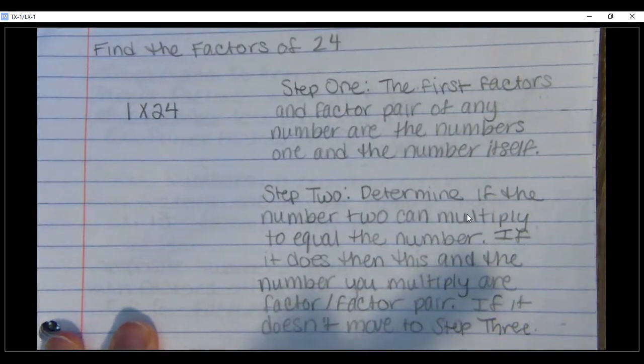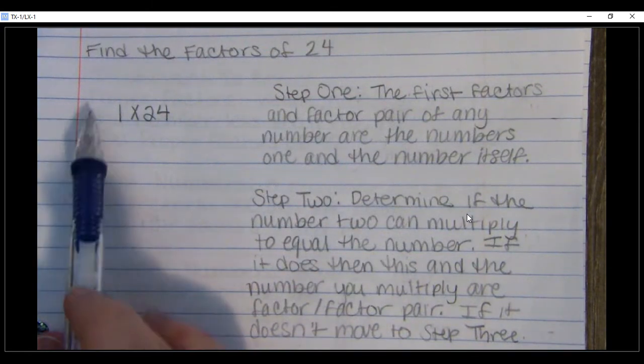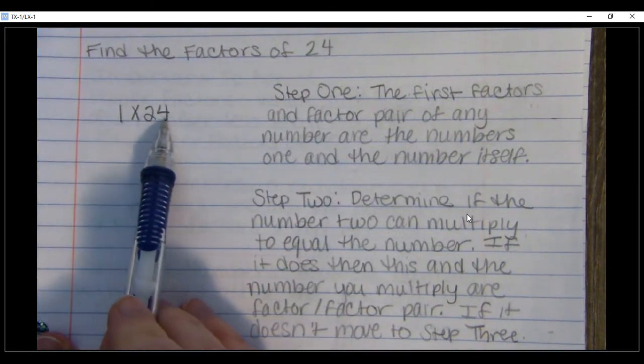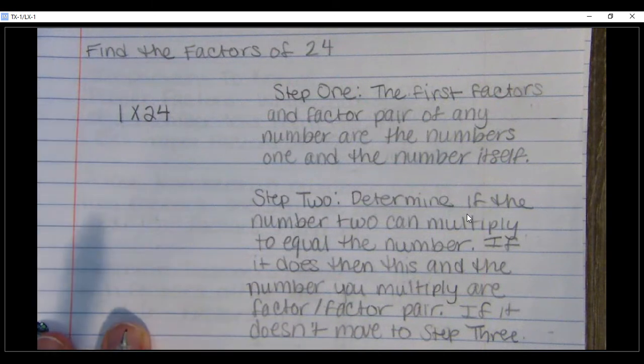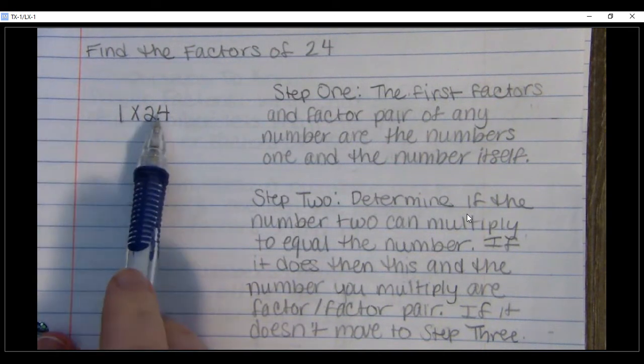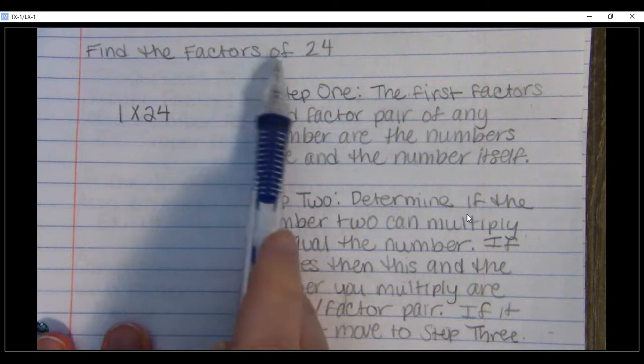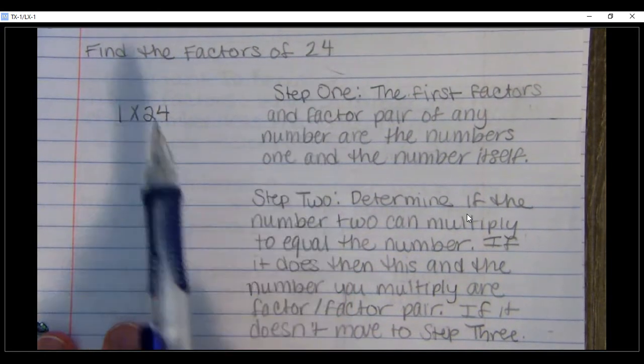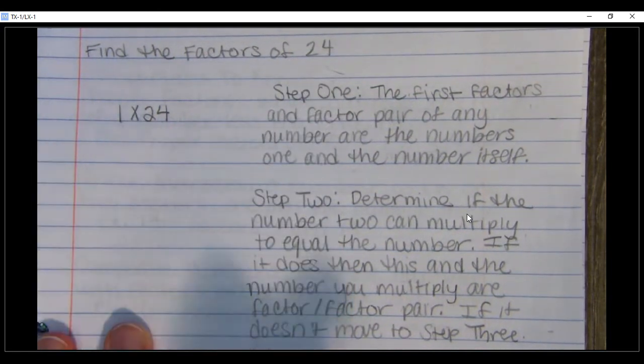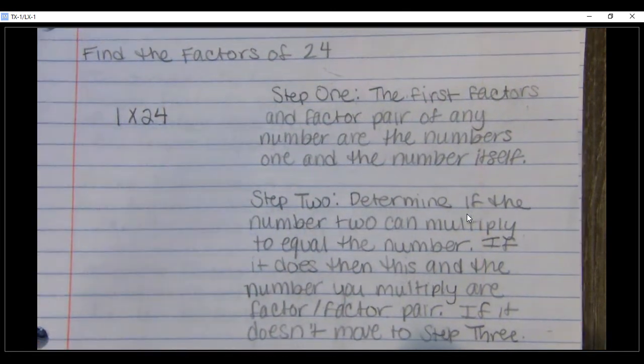That's one factor pair, creating two factors, 1 and 24. So again, 1 is a factor, 24 is a factor of 24, but 1 and 24 together are a factor pair. Oh, that was pretty easy. Let's keep going.